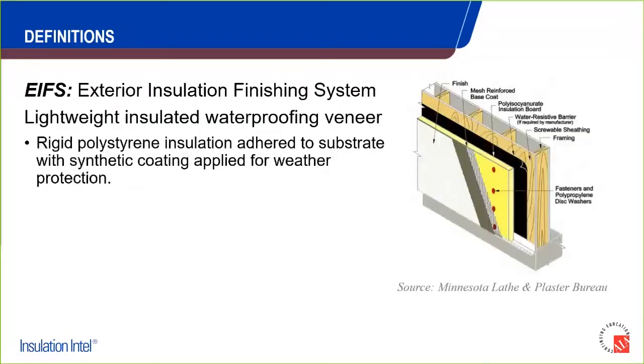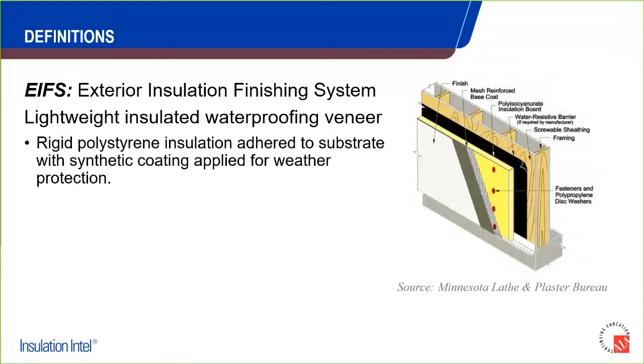And one of the first exterior continuous insulation systems, and one that actually does it all in terms of air barrier, weather barrier, and exterior insulation, is EIFS. EIFS was originally developed in Europe after World War II.